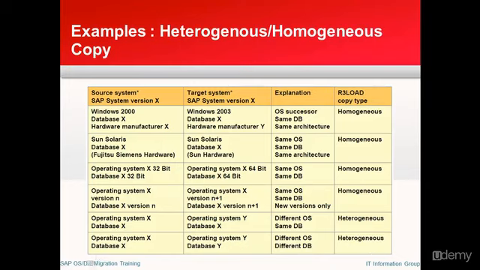So basically I just wanted to give you a clear-cut explanation of when you call a particular migration heterogeneous and when you call it homogeneous, because homogeneous migrations are quite simpler: you are not changing your hardware, you are not changing your operating system, you are not changing your database, only going to the newer versions of it.